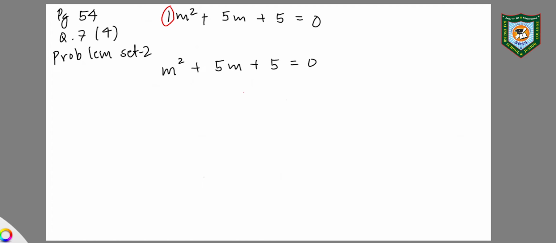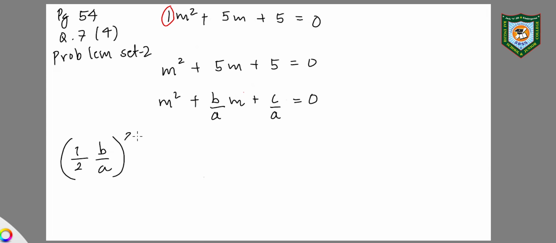Now we need to compare this equation to our standard quadratic equation, which is m square plus b by a m plus c by a is equal to 0. We need to find the value of half b by a whole square, which is equal to half the value of b by a, which is 5, and square here, this becomes 25 divided by 4.